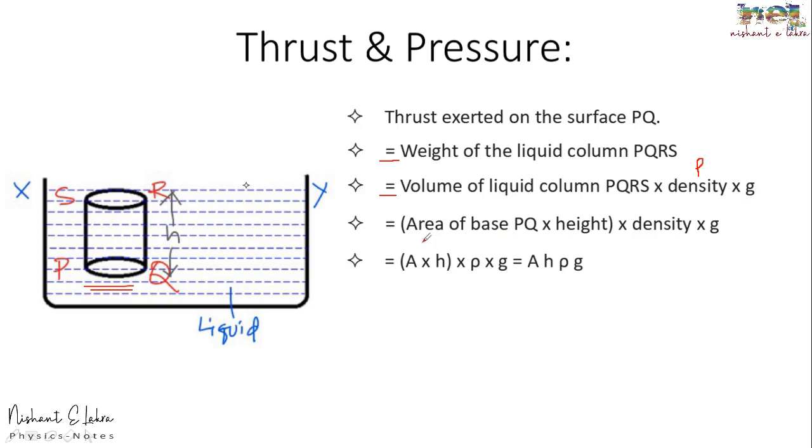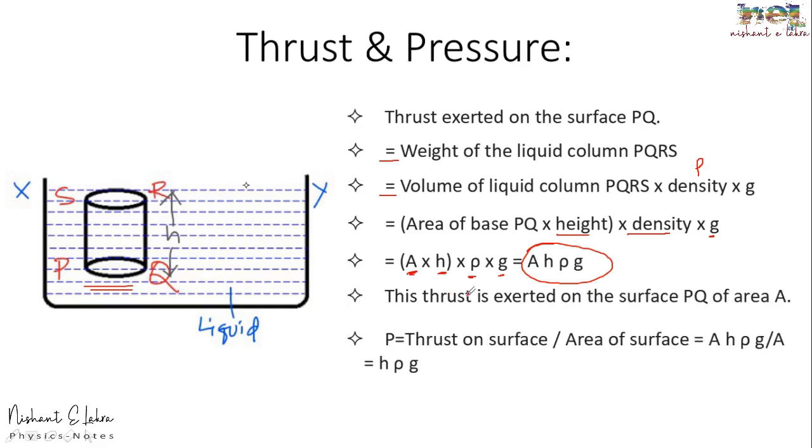Okay, which is equal to area of base PQ into height into density into g. Alright, where area of base PQ is represented by A, height is h, rho represents the density, g represents the acceleration due to gravity. Now when we remove the brackets, we will get it as A into h into density into gravity.